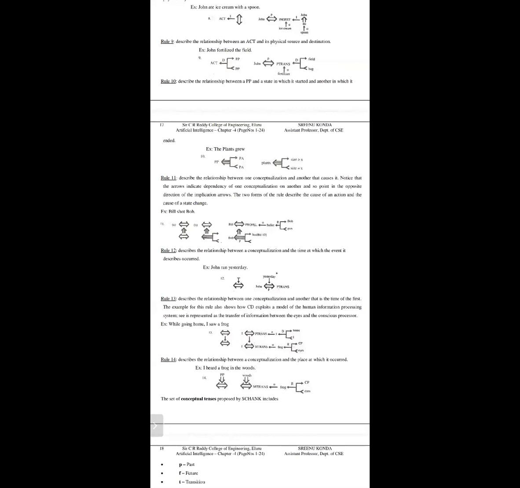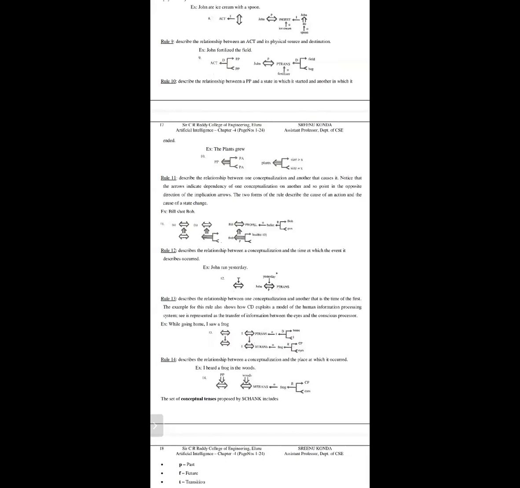Okay. Next, the second thing is the two forms of the rule describe the cause of an action and the cause of a state change. One is action cause. Next one is change of state. Two things you have to mention here. One is cause of action. Cause of action means like this: double arrow, under that triple arrow, double arrow.